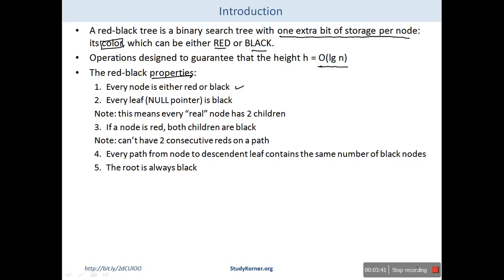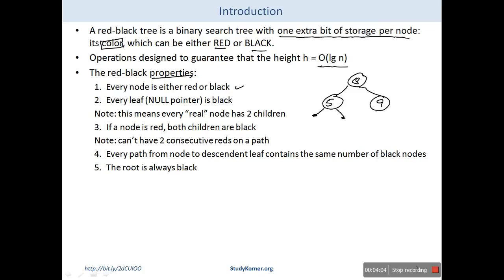So in the red black tree there is another concept added. Suppose this is a tree with the information 8, suppose 5 is here, and suppose 9 is here. Now this tree has leaves with null pointers.